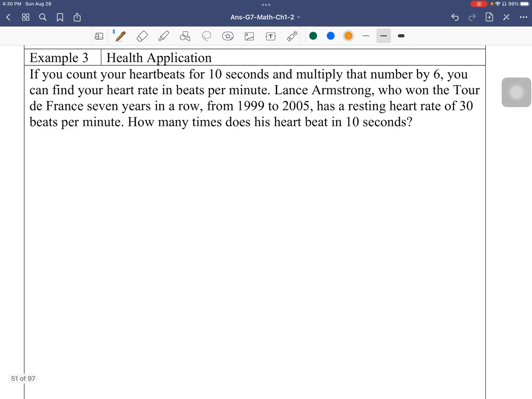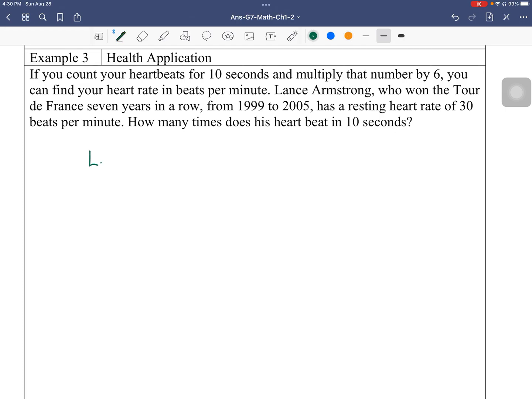With a health application, if we count our heartbeats for 10 seconds and multiply the number by 6, we can find the heartbeat rate per minute. So Lance Armstrong, who won the Tour de France 7 years in a row from 1999 to 2005, has a resting heart rate of 30 beats per minute. So how many times does his heart beat in 10 seconds?